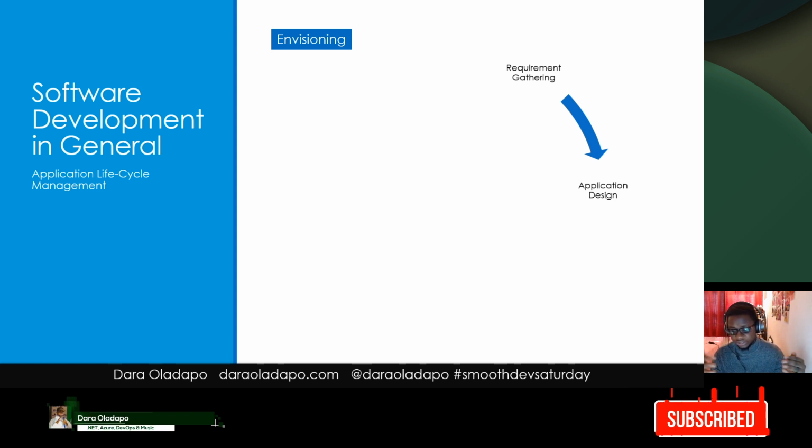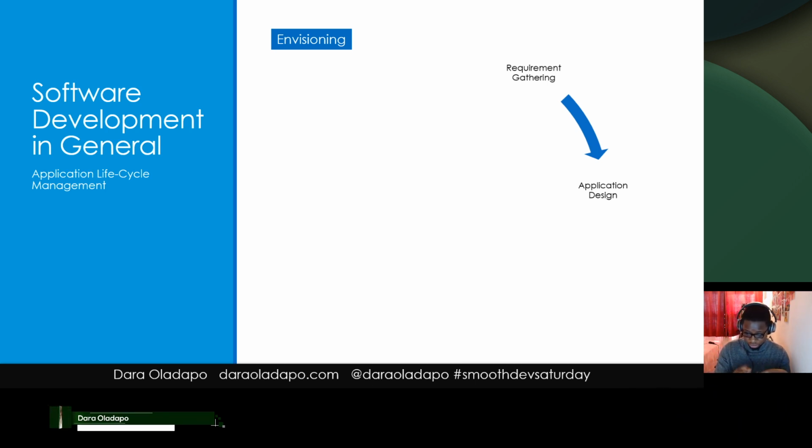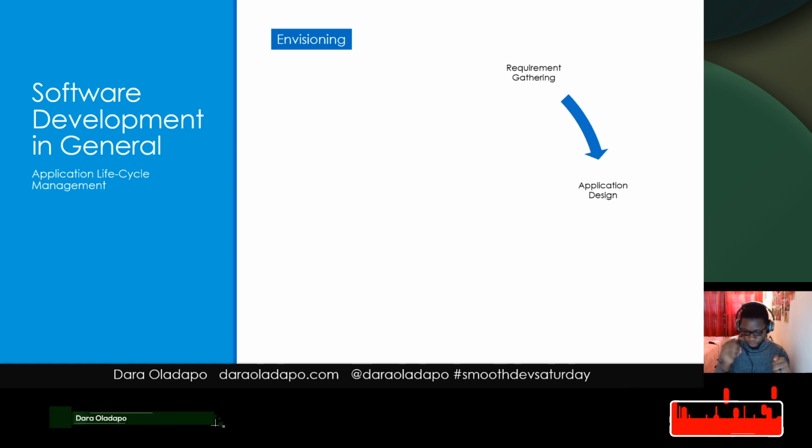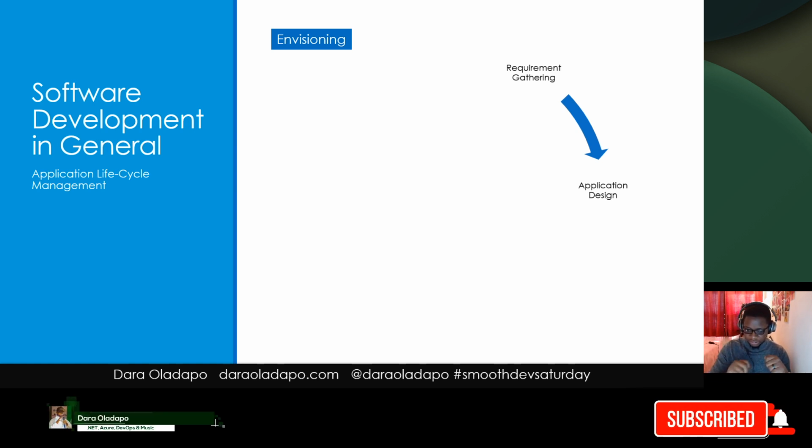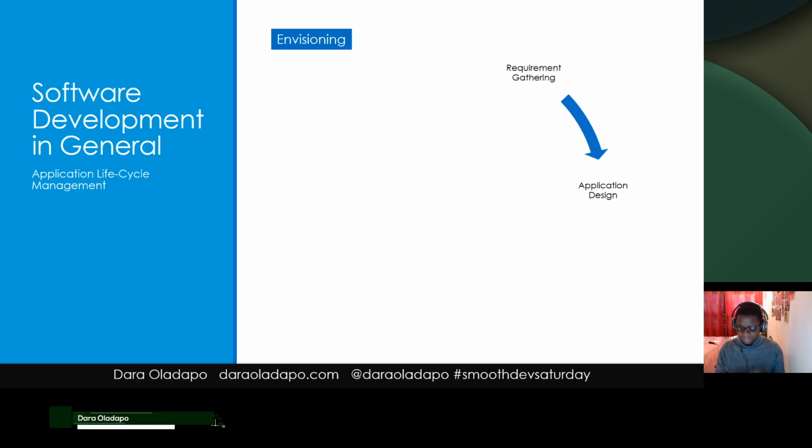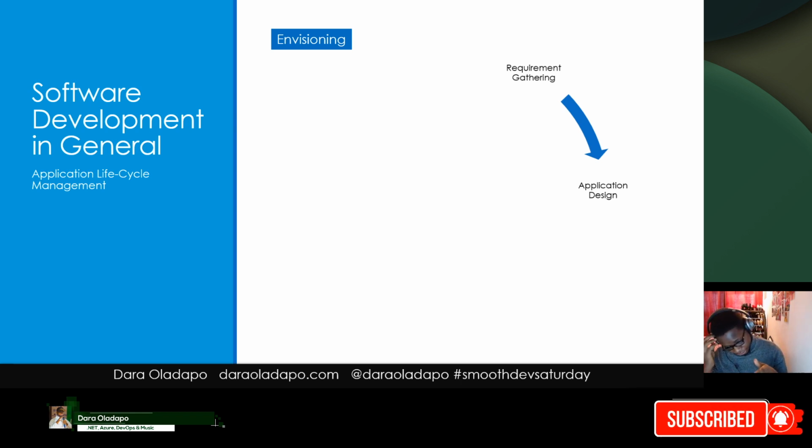And sometimes these days people go ahead and make full-blown prototypes using design software like Adobe XD, Figma, and the rest. They actually make you click and see, okay, when you click this button, it's supposed to go here, you type this in here, it goes here. All this happens in the application design phase, where you diligently spec out each feature of the application or of the feature you're doing.